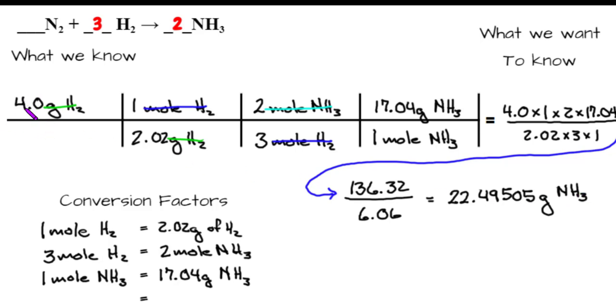But if I come back here, I see that I have 2 sig figs, and so that means that my answer is going to be, this first 2 is significant, the second 2 is significant, the 4 is not here, but it's important, but it doesn't actually round, so 22 grams of NH3.